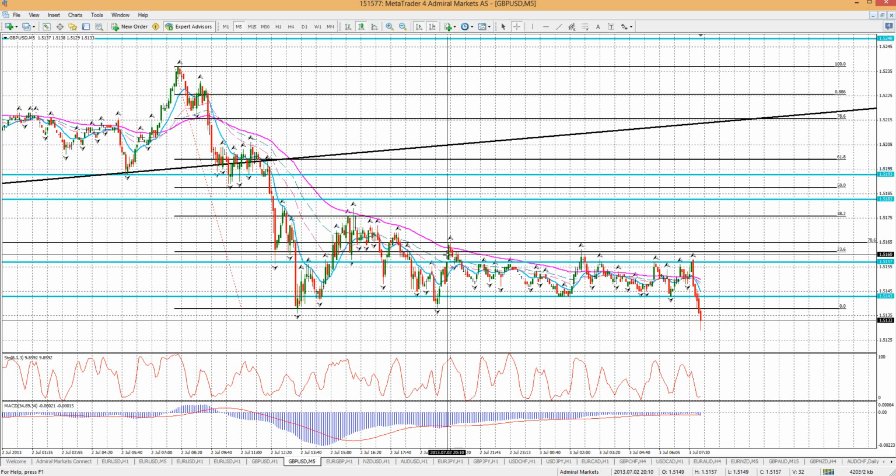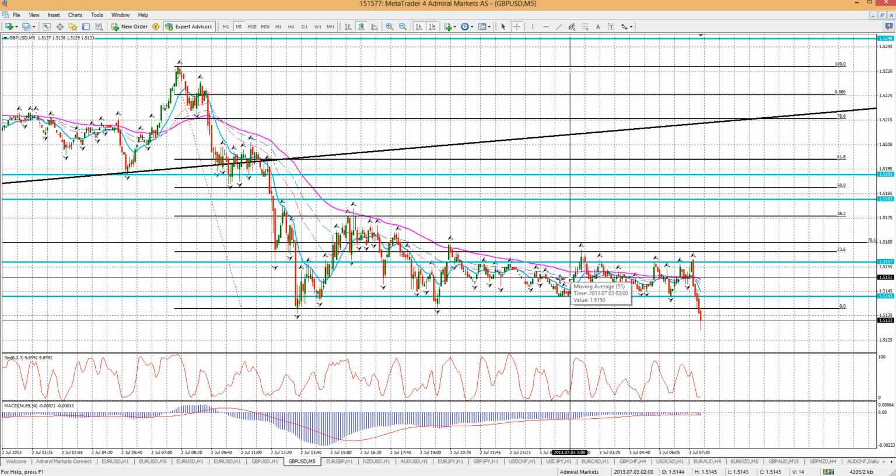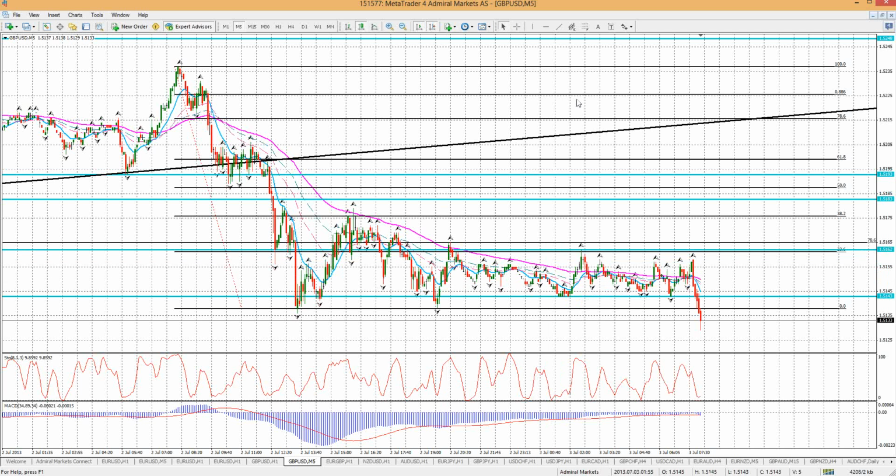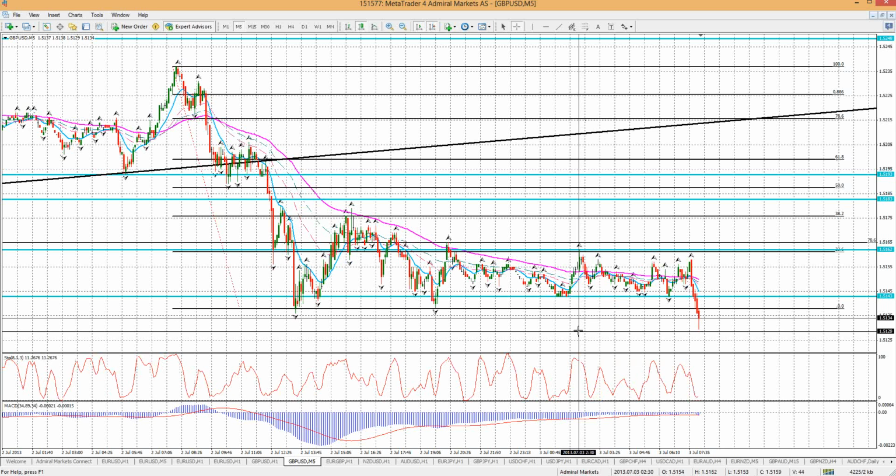Where is that Asian high and Asian low? All right, that's about the box of that price movement. In the Asian session, that's about 19 pips. That's usual. So we broke that Asian low by 15 pips now, 14, okay.